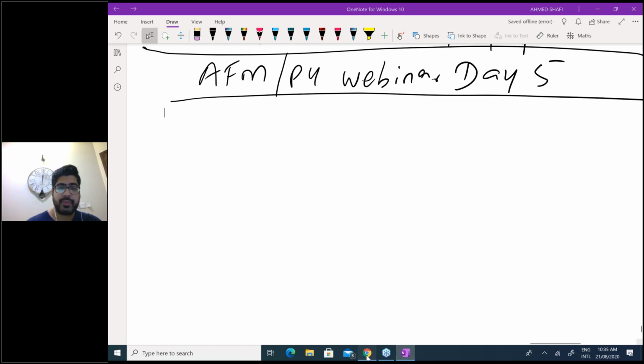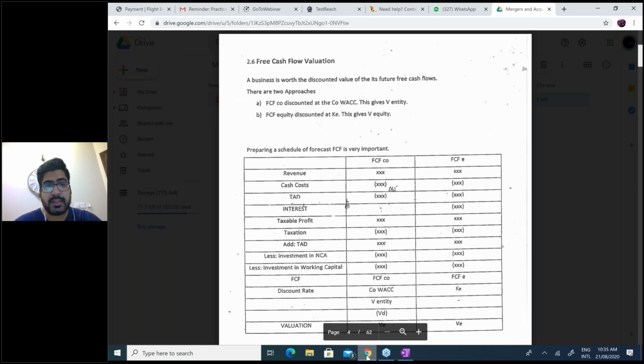I told you that the free cash flow valuation method states a business is worth the discounted value of future cash flows, not the current cash flows, but the future cash flows. One approach is FCF to company, one is FCF to equity. You take revenue, deduct cash costs and TAD.